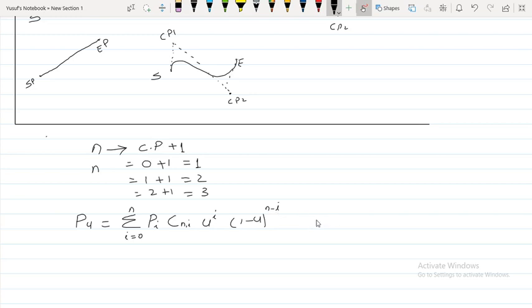So this is the equation to construct the Bezier curve. In that equation, the parameter u is varying from 0 to 1.